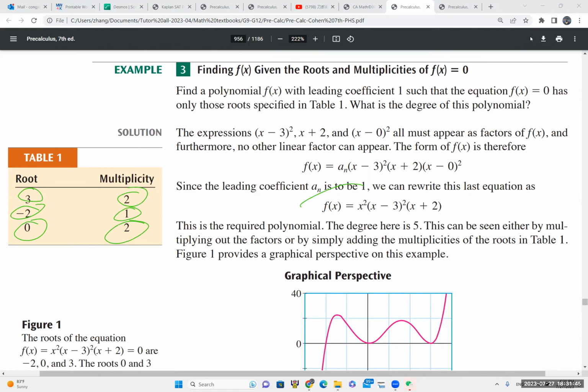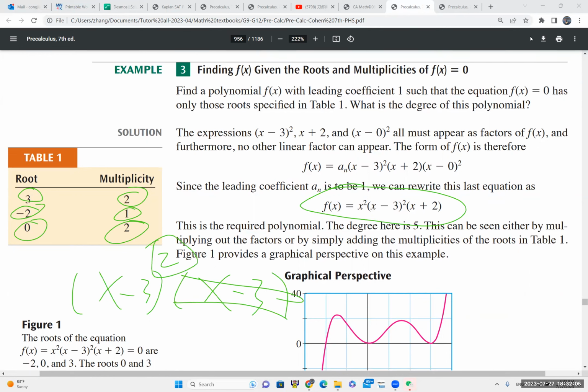So when you write it, you say x minus 3 twice. That means it's x minus 3 times another x minus 3. Then we write it as x minus 3 squared. So this represents the multiplicity.